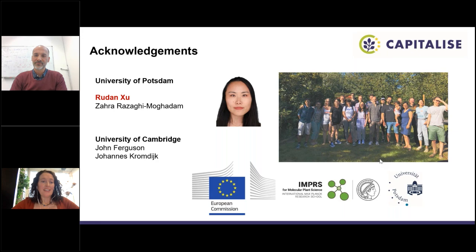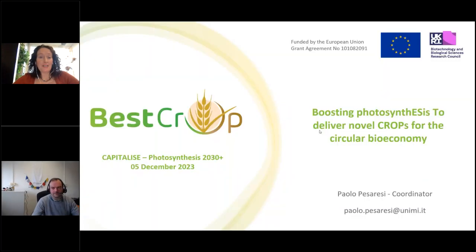We're moving on to our second speaker, which is Professor Paolo Pesaresi. He's a full professor of genetics at the University of Milan and leads the Photo Lab group. He's interested in short and long-term regulation of the light phase of photosynthesis and in chloroplast biogenesis using functional genomic approaches in Arabidopsis and in barley.